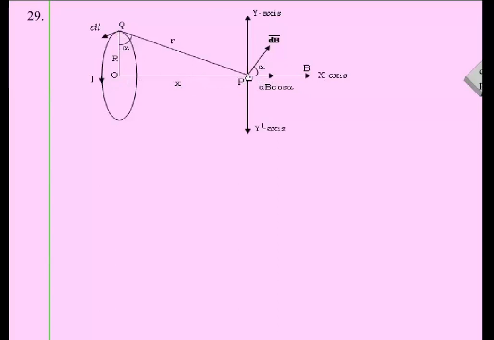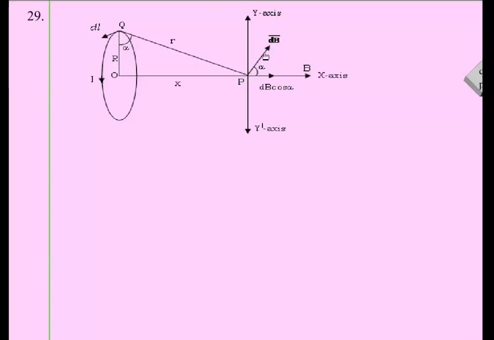At this point, of course, the magnetic field due to current element at the point Q, let the part of the circular loop be the current element. Current element is treated as a vector. Its direction is like this. Its length is dl. So magnetic field at this point due to this current element is in this direction.